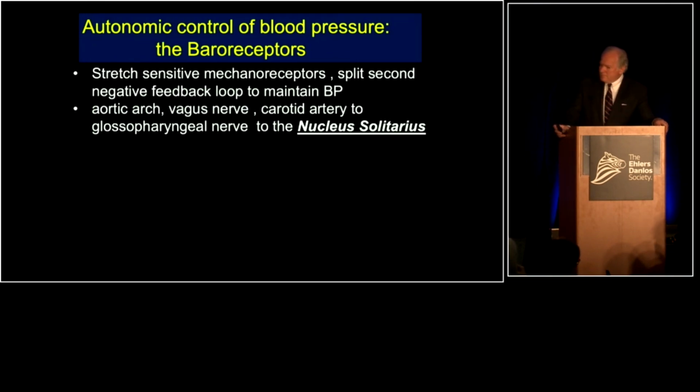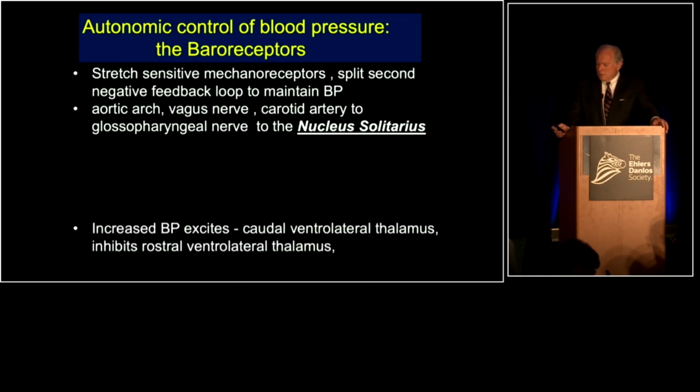Now, how about blood pressure? The autonomics have stretch receptors in the carotid and the aortic arch and in the heart, and these stretch-sensitive mechanoreceptors exert a split-second negative feedback to maintain a normal blood pressure.